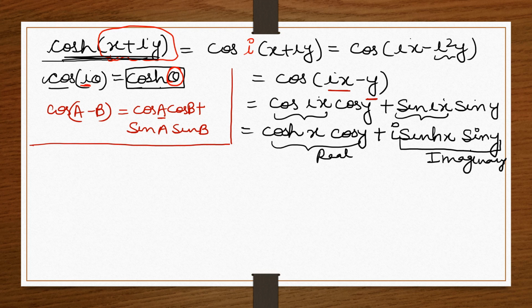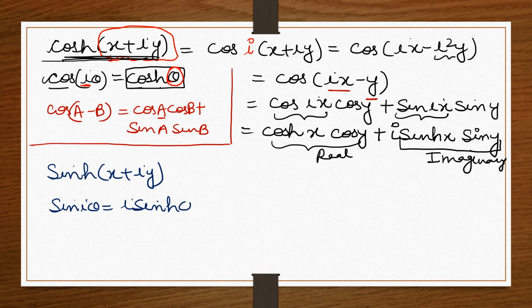So similarly we can do it for sine. For sine, what is the formula? If you have sine hyperbolic x plus iota y, you already know that sine iota theta is iota sine hyperbolic theta. So if I take this iota here, this is 1 by iota sine iota theta equals sine hyperbolic theta, and 1 by iota is minus iota, right?